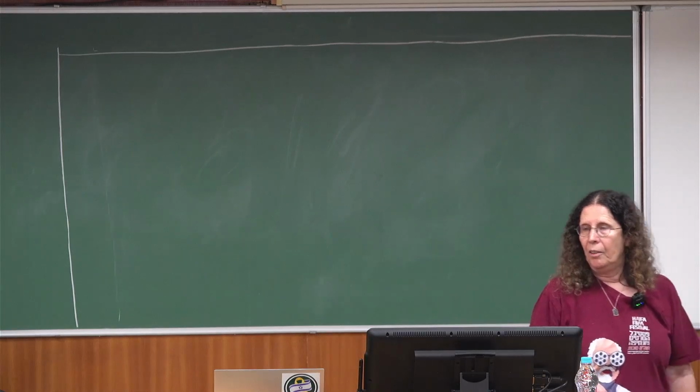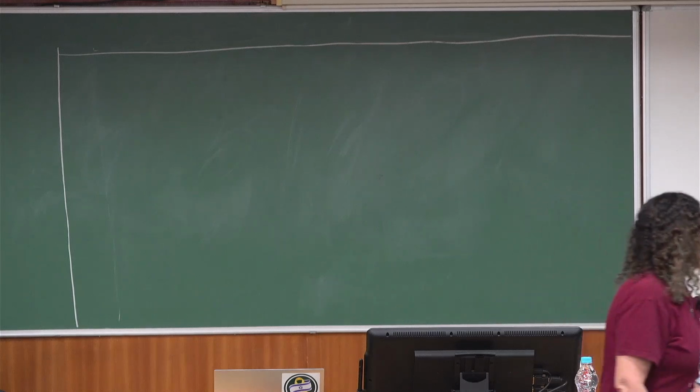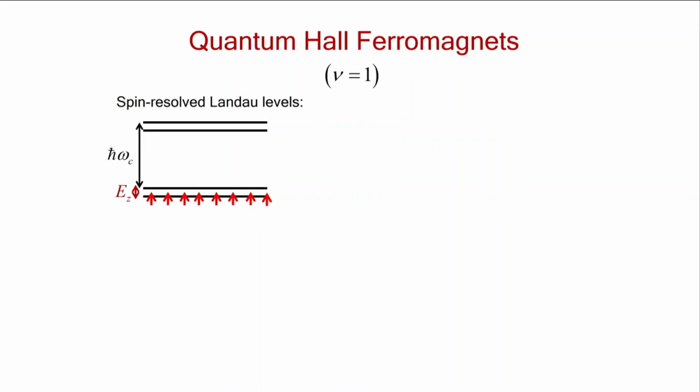But there is a Zeeman effect, characterized by some energy scale Ez that is typically smaller than h bar omega c, and that Zeeman energy splits each Landau level into two.